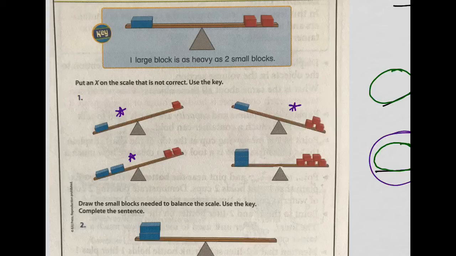Well, let's do something. I'm going to circle one of the big blocks, and then I'm going to circle 2 of the small blocks, because remember up here at the key, 1 large block is equal to 2 small blocks.